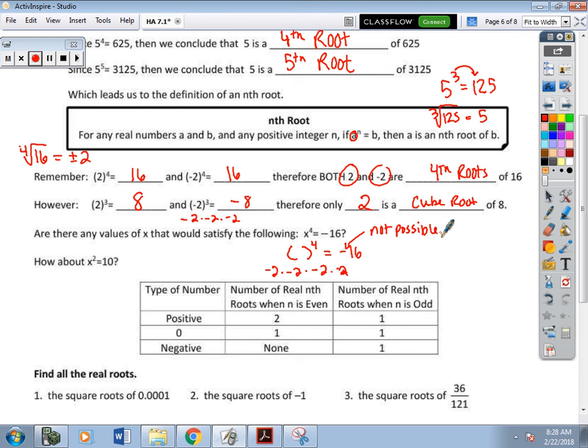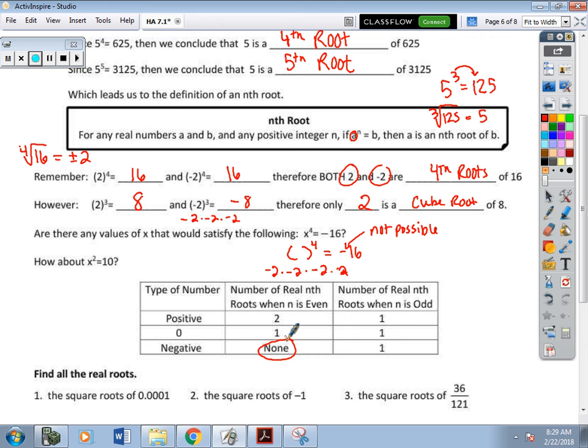So if you see something being raised to an even root, it can't be getting a negative number. The number of real nth roots when n is even are none, because you can't take an even root of a negative number.